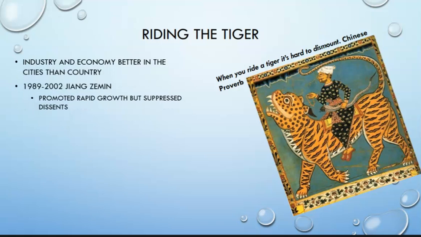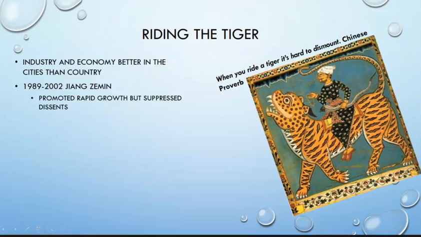So we see then, in the end, the economy after this point, because they change presidents in 1989, and this is probably as a result of all the protests. And we see that rapid growth is promoted, but heavily suppressing any dissidents.